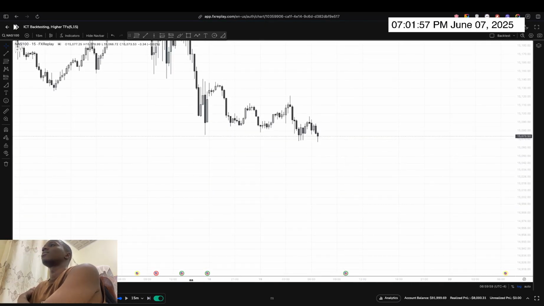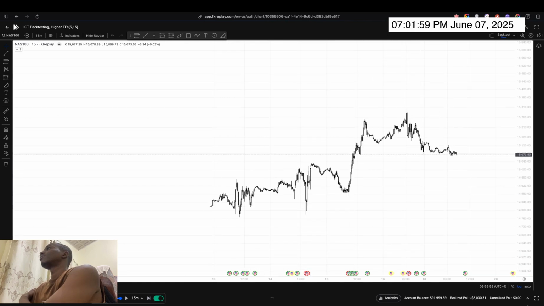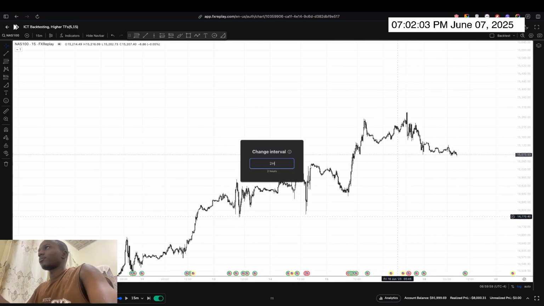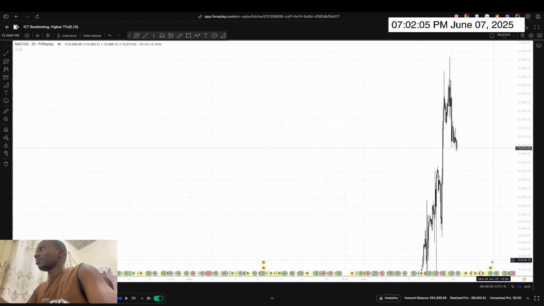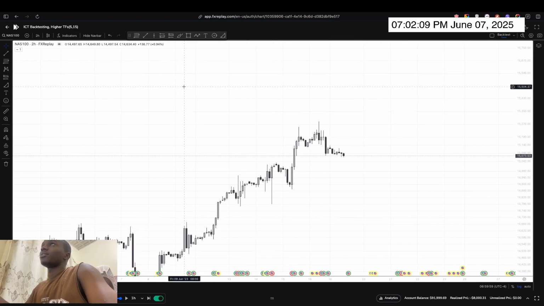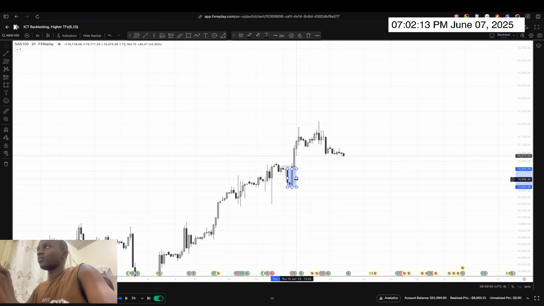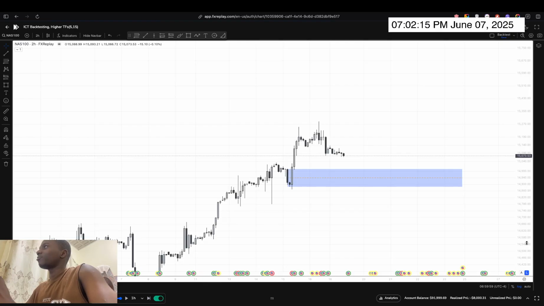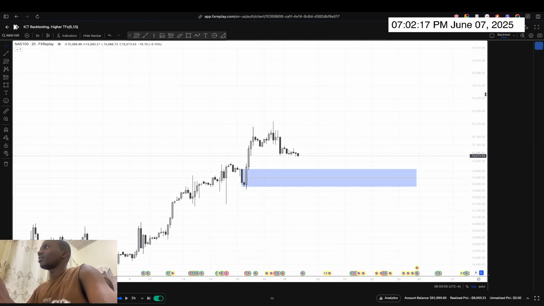Okay, so how do the charts look? Looks like we're dropping from yesterday, and going back to our higher time frame, such as the 2 hour, we can see that we have a good POI right here, which means we are targeting to get to this POI before we push high again.